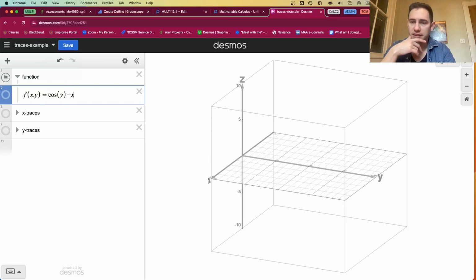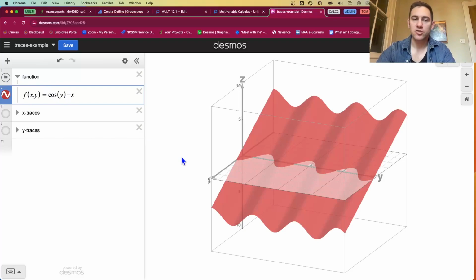I'm no longer having a cylinder that is just extruded down the x-axis, but rather that graph of cosine of y, I'm now subtracting x. So take a minute, really picture what you think it'll look like. And I'll show it in 5, 4, 3, 2.